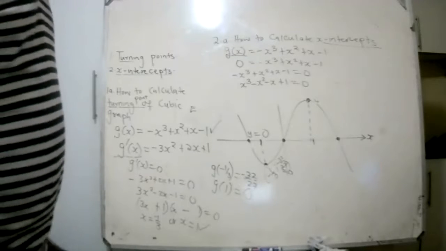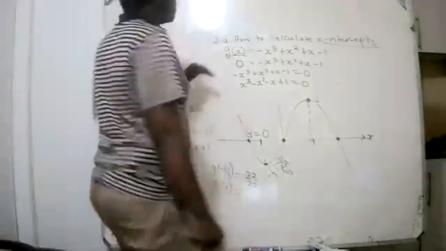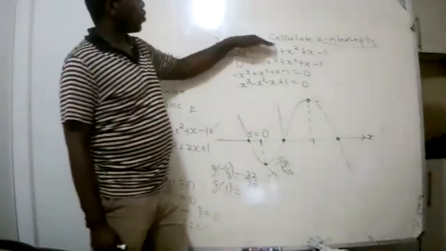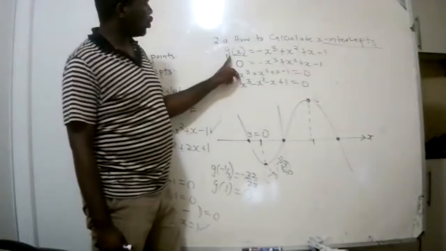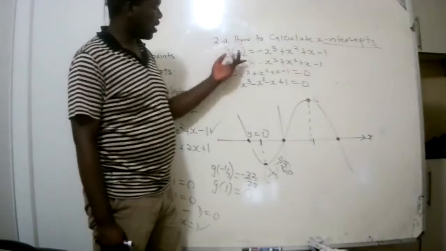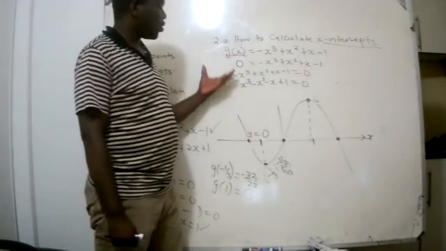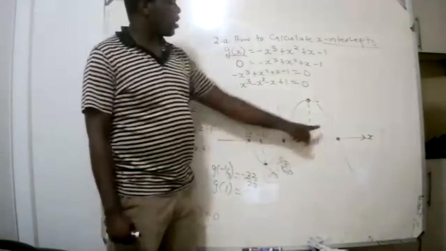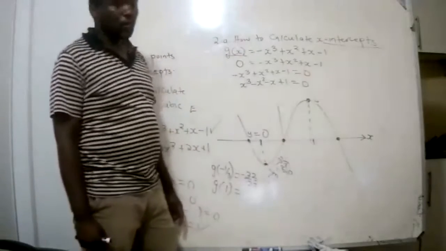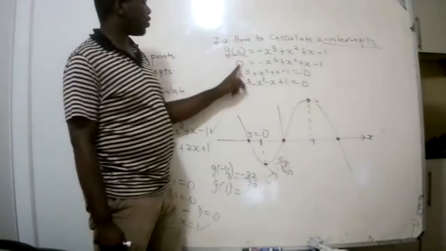All right. So now we want to calculate the x-intercepts of the cubic function. You need to let g of x, which is the same as y, be equal to 0. Why? Because we know at the x-intercept, y is equal to 0. So hence we let g of x be equal to 0.